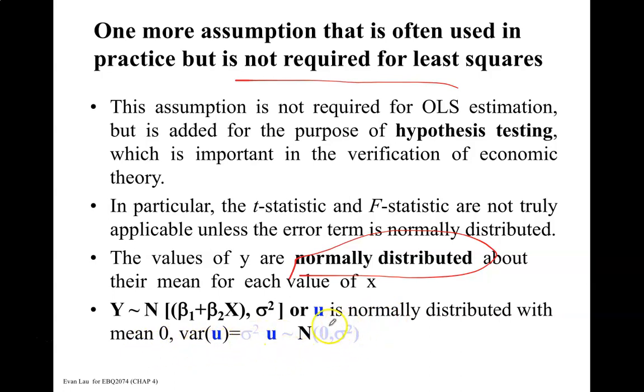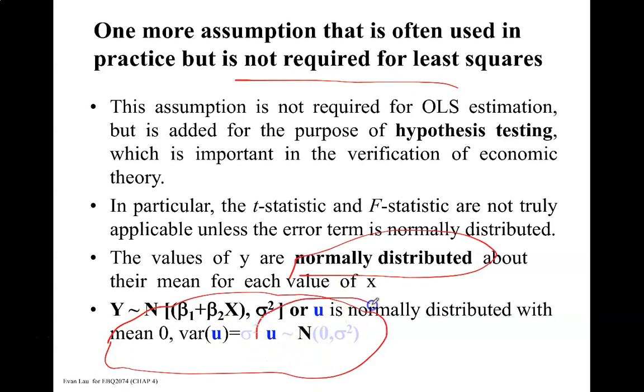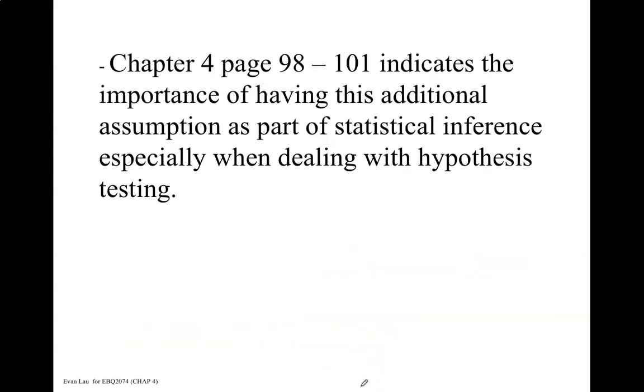This is how it is written: mean zero and sigma square variance. If you have the Gujarati book, you can have a look at the page where this important assumption is brought forward.